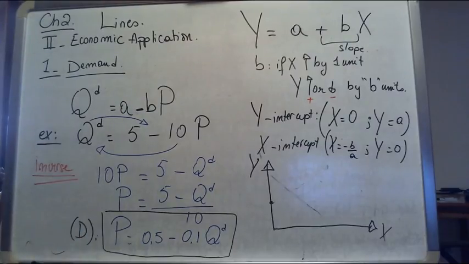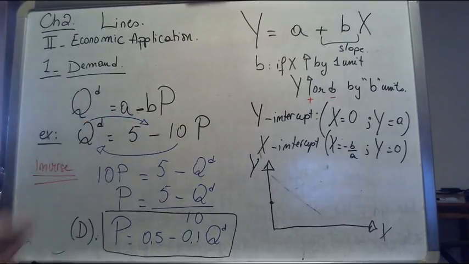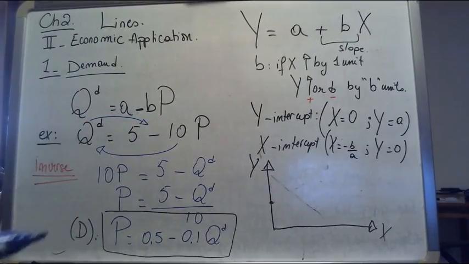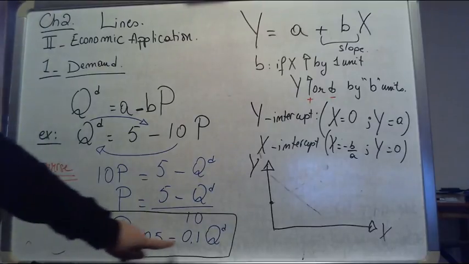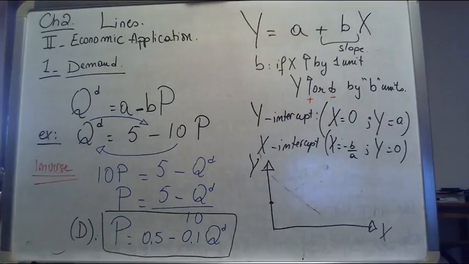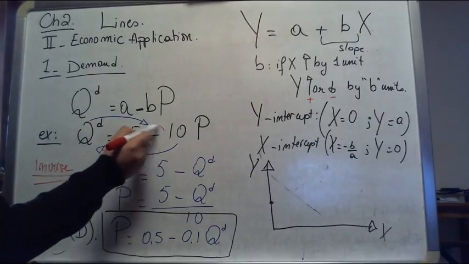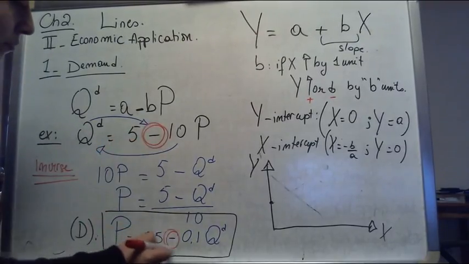So the demand is a line that shows the relation between quantity demanded and the price. We can find the inverse of the demand, which is price as a function of QD. In the two forms, we have a negative relation between QD and P. We have a negative slope.